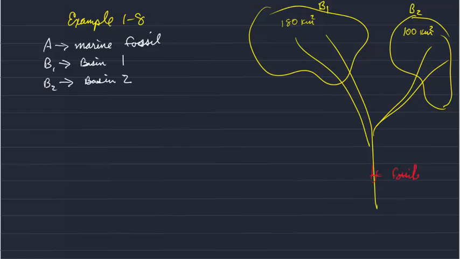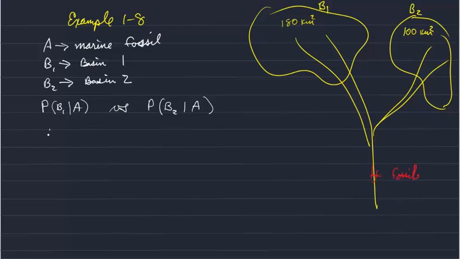To help these researchers find out which place to search first, we need to evaluate the probability that given there's a marine fossil, they should go to Basin 1, versus the probability that given a marine fossil, they should go to Basin 2. Okay, the conditional probability of a marine fossil, what's the probability of Basin 1 versus Basin 2?